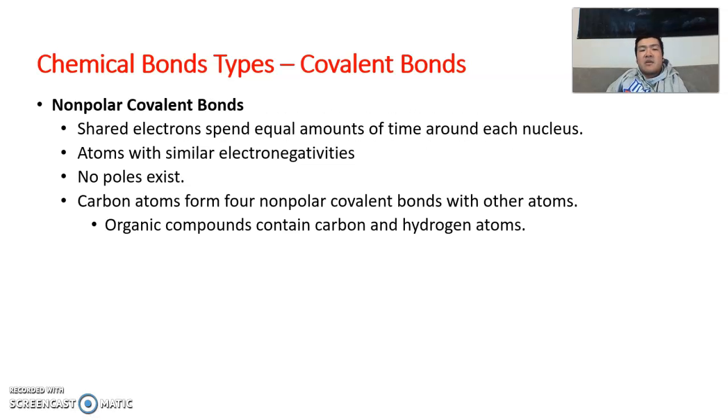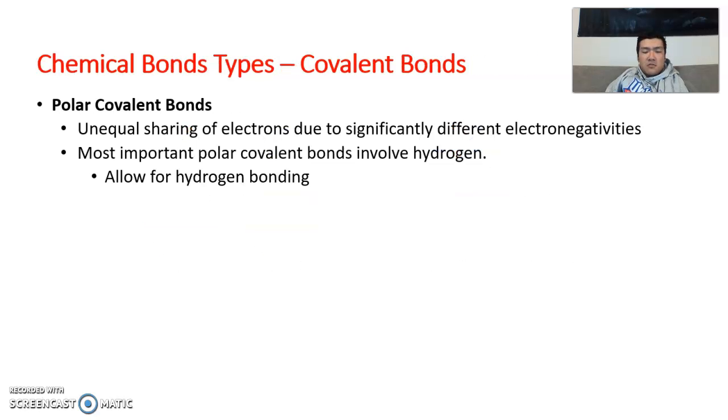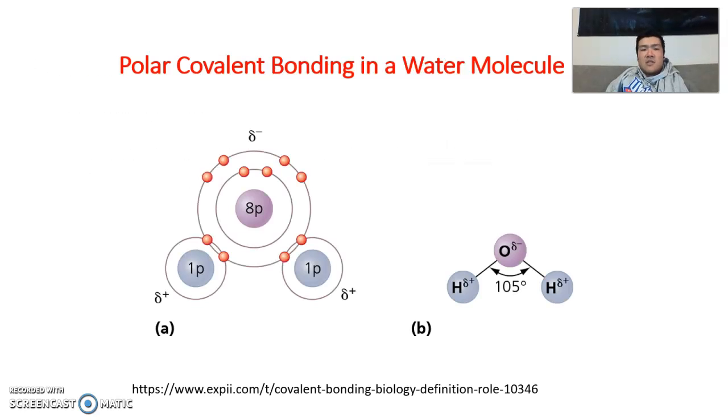If they are shared evenly, that would be a non-polar covalent bond. That would mean that there are no dipoles, no uneven sharing, so to speak, between the 2 atoms. However, if there is uneven sharing, you get partial charges within that compound. So let's look at, say, water, for example.